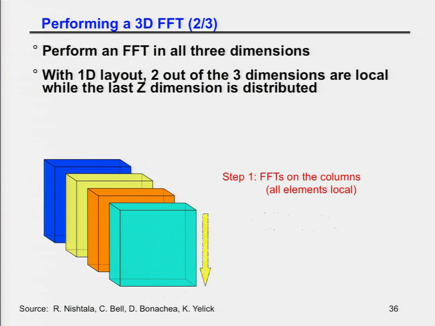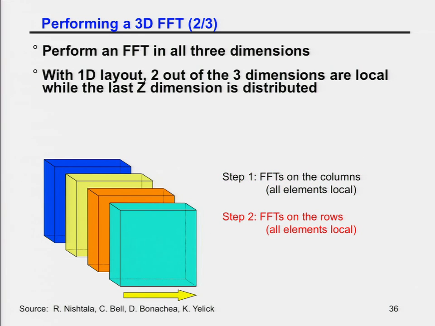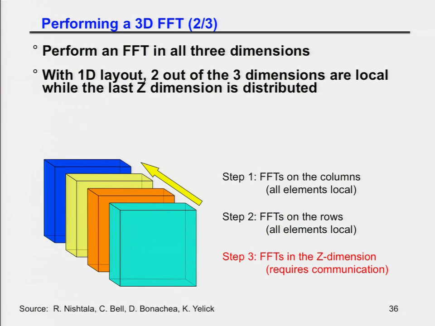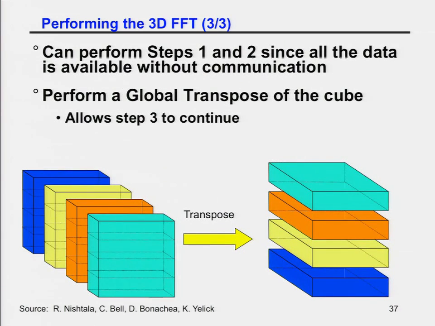I'm going to do the FFT in the x direction, then in the y direction, and then finally I need to do it in this direction. So how do I parallelize that? Somehow I need to get into this layout at the end. I need to take all of these and transfer them into this direction so that in the z direction they're all local FFTs.